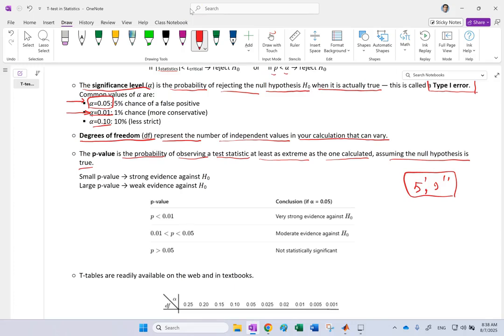Now, of course, when you have small p-values, that means the chance of observing a class with this height, and saying that this height is the same as the 6 feet average of the population, is very rare.